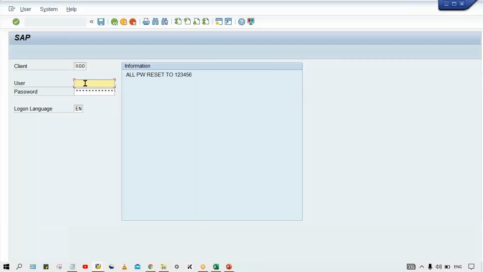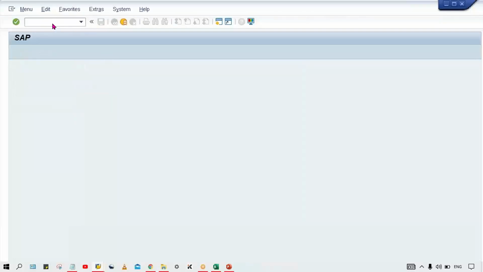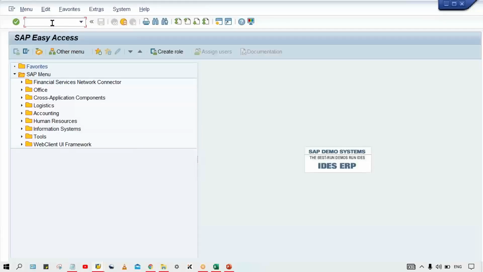Yeah, this is, I think, good. Either 10 or 11. So even with the help of this one, guys, you can change the theme also, right? And the appearance of the screen can also be changed. Okay, so now let me use FS00, guys.